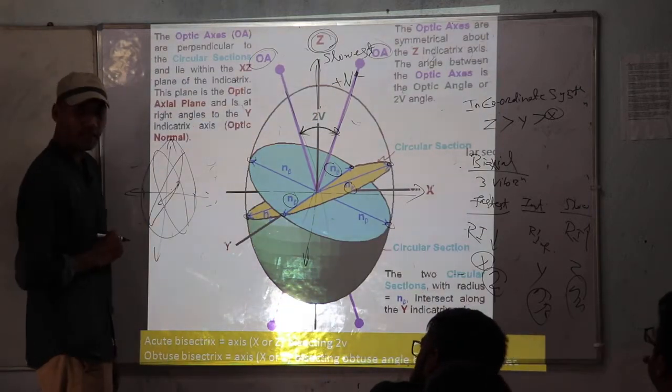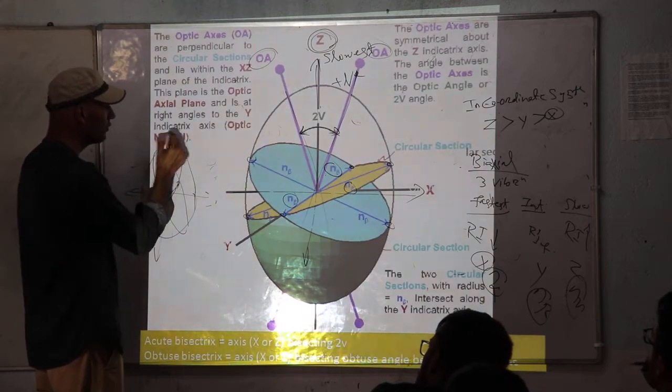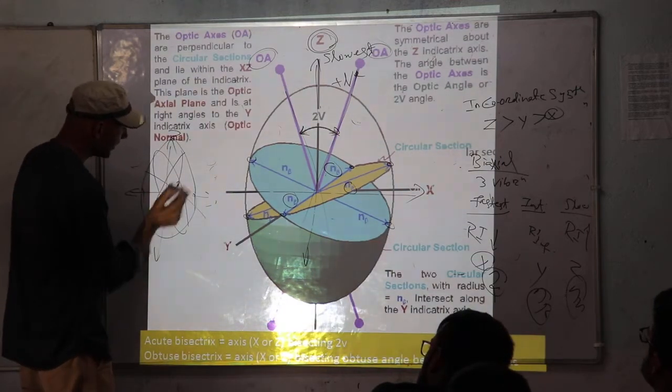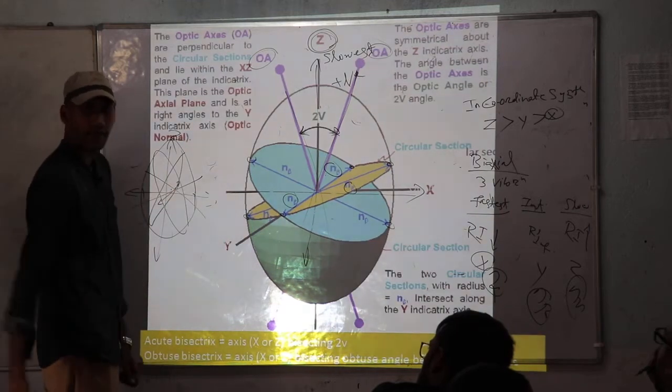So in this diagram, the circular sections are close to Z, so the optic axis will be perpendicular, nearer to X.